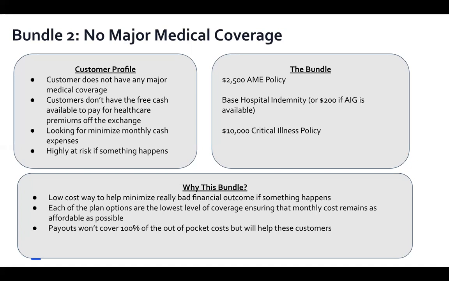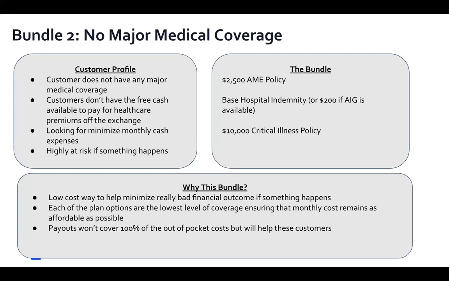So when I think about somebody that has a mech today, I think if their primary decision-making factor is how do I keep my costs on a monthly basis as low as possible, then they should look at the $2,500 AME, the base hospital, and a $10,000 CI policy, right?